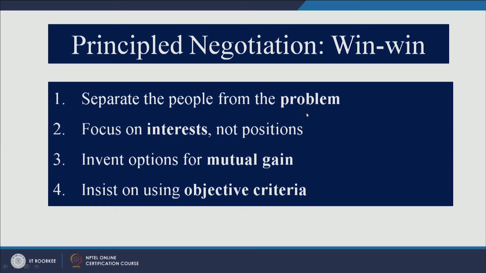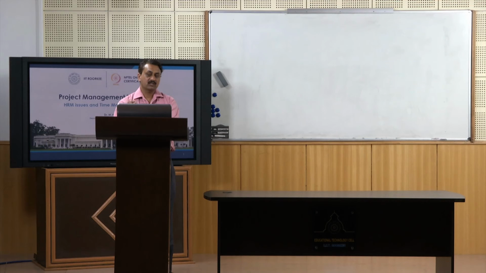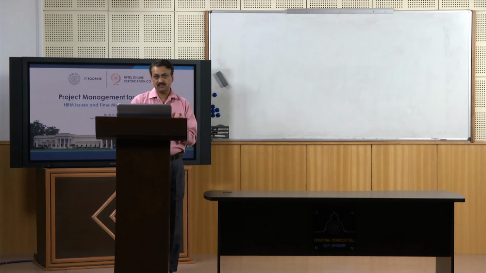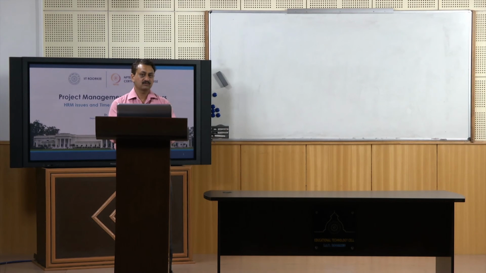If there is a problem, then you should focus on the problem, right. You should keep your ego, attitude, position, designation away from the problem, right. If you mix these things with the problem, then you won't be able to negotiate successfully. So separate these two things, right.